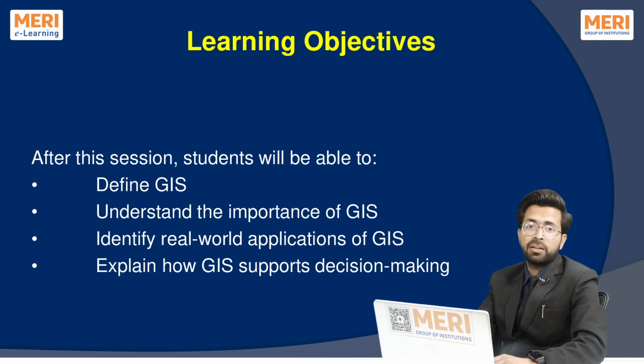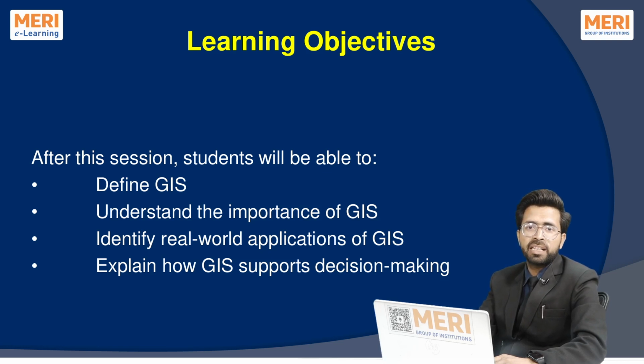The third objective is to identify real world applications of GIS. Learning becomes meaningful when theory connects with practice. When students see GIS used in traffic mapping, flood monitoring, pollution analysis, and city planning, the subject becomes easier to understand and remember.